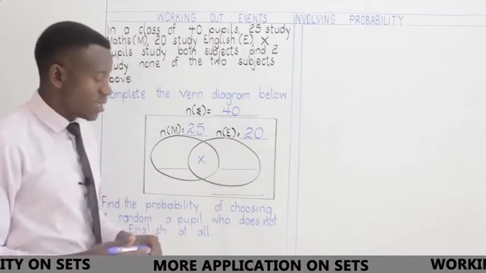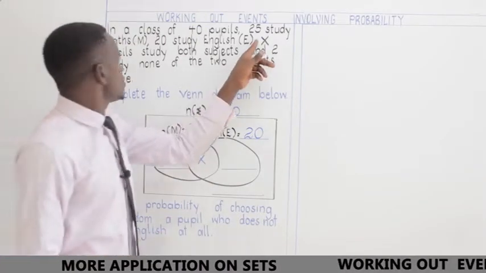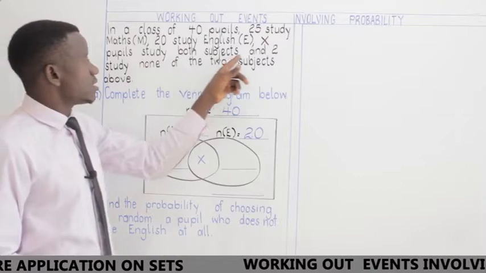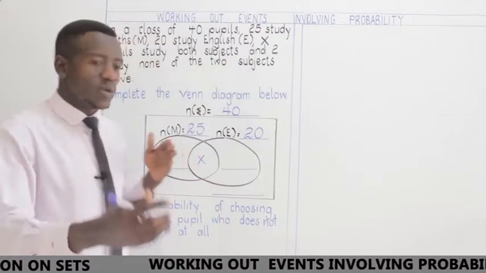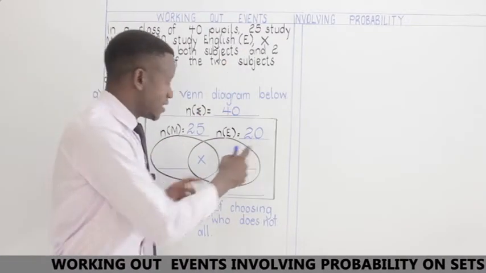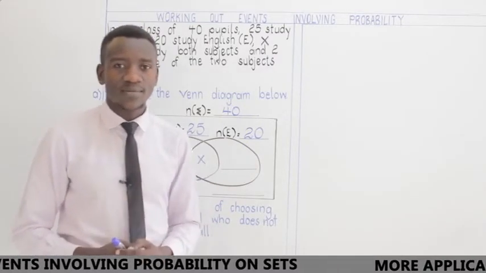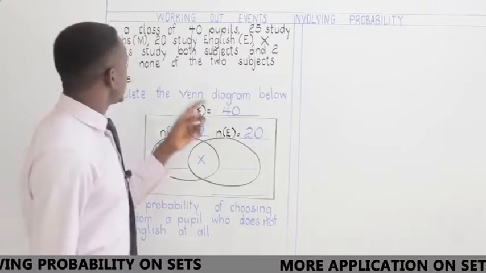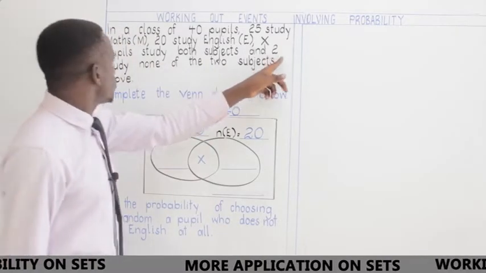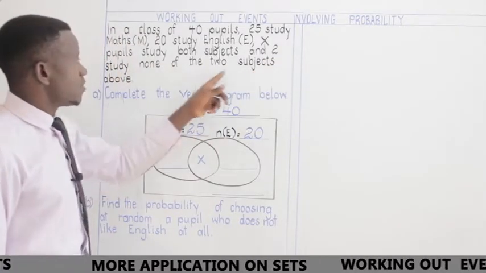Then from here, we shall proceed and say X pupils study both subjects. These ones study both mathematics and English, and they are represented by an unknown X. Then from there, we proceed and say, and 2 study none of the above subjects.